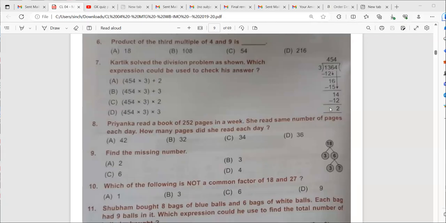Yes, tell me. 36. So it is asking for the third multiple of the product of 4 into 9. 4 into 9 is 36, so 36 into 3 is how much, Udit? Ma'am, 154.